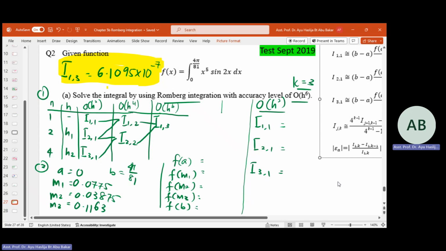Okay, I'm going to share with you the answer for this midterm. Most of you made some mistake for question 1. Let me check.